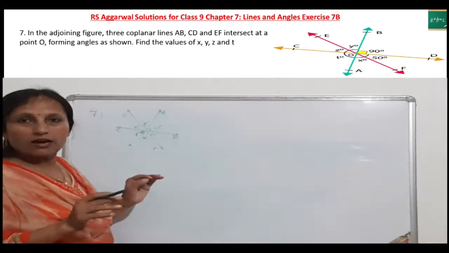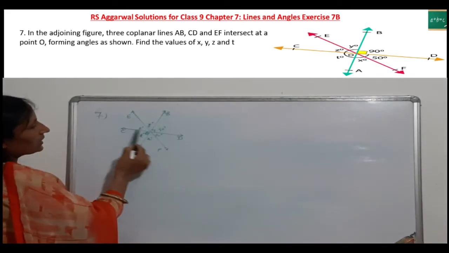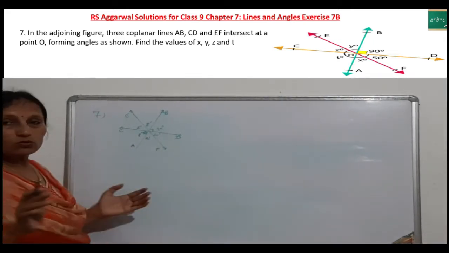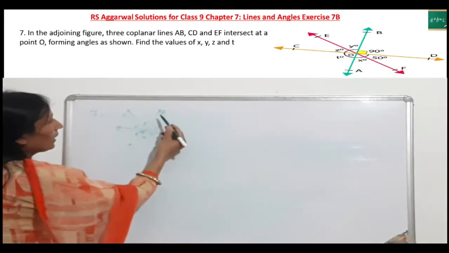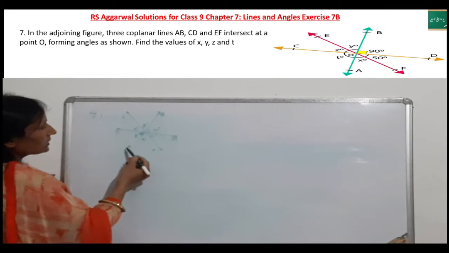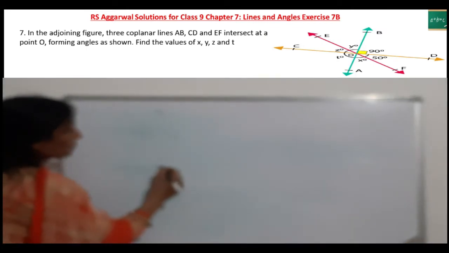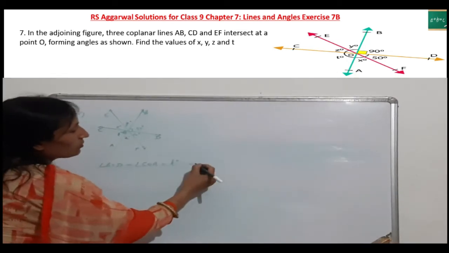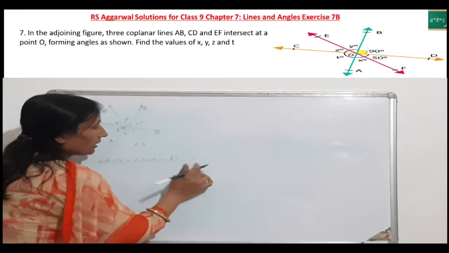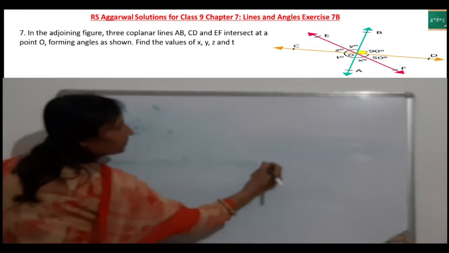These two angles are vertically opposite angles because lines AB and CD are intersecting each other, and we know that if two lines intersect each other, then vertically opposite angles are equal. So angle BOD is equal to angle COA is equal to t degrees, vertically opposite angles.